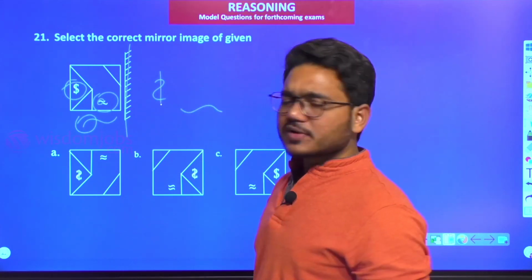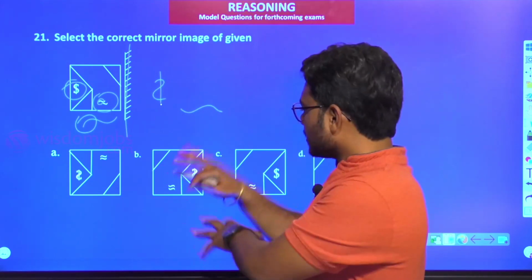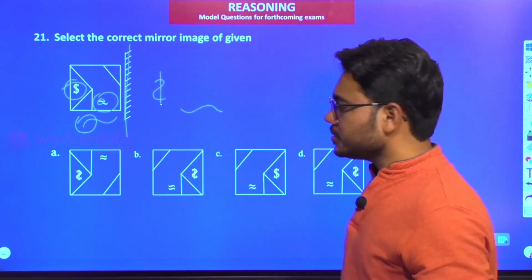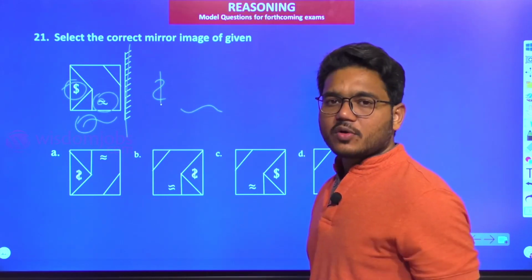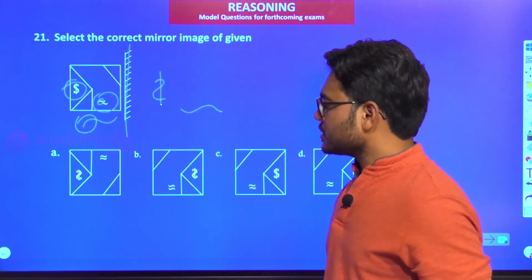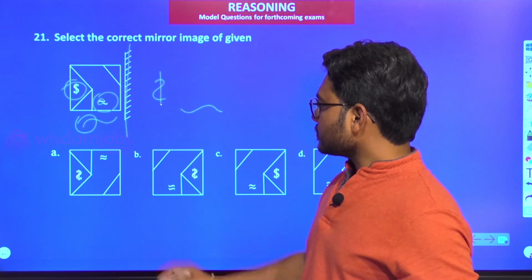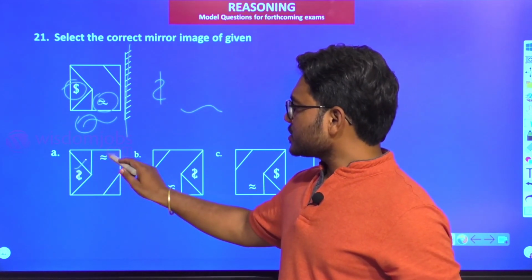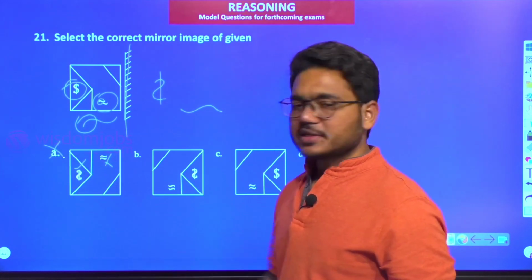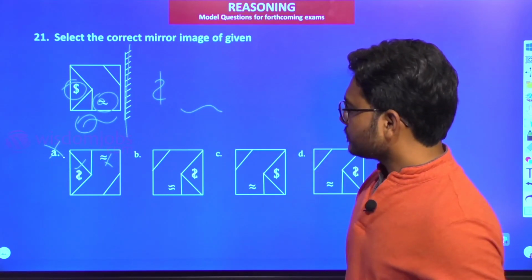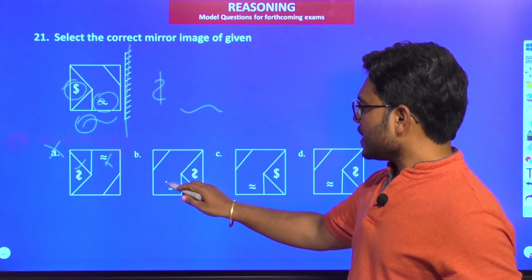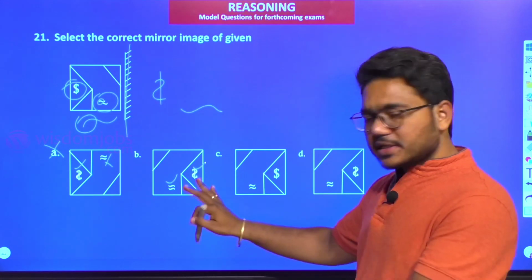So try to first identify these symbols among these options. Just try to eliminate the options which could not satisfy these things. So it is obvious that this is valid but this is not valid, so it can be eliminated. Second one, this is valid and this is also valid, let us keep it now.